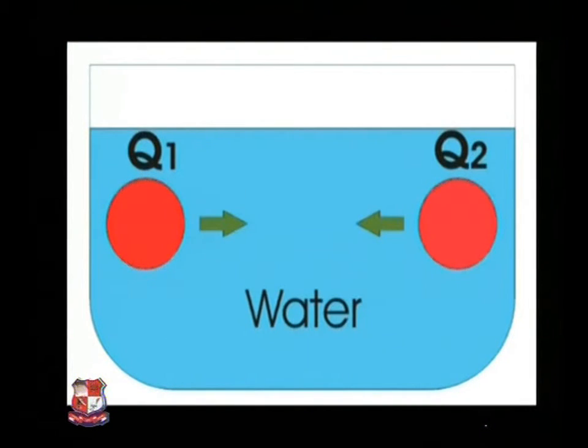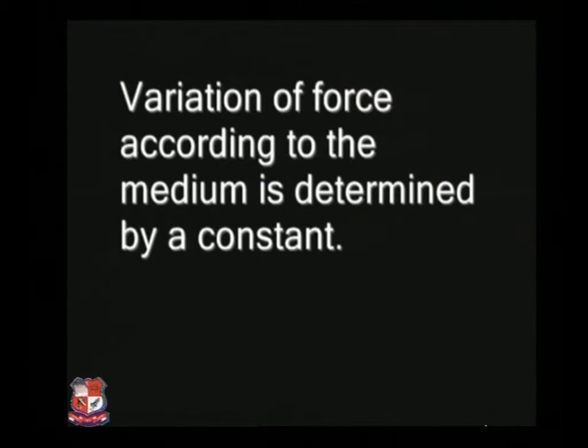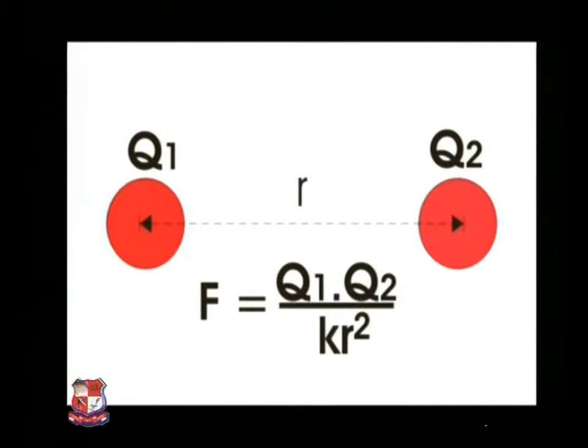Variation of force according to the medium is determined by a constant, say K. Finally, we can say that force F equals Q1 into Q2 divided by K into r square. This is nothing but the expression of Coulomb's law.